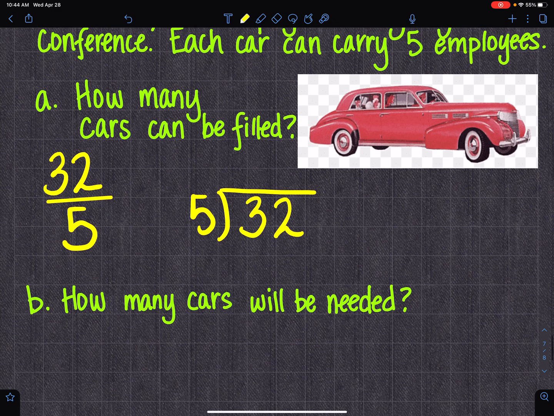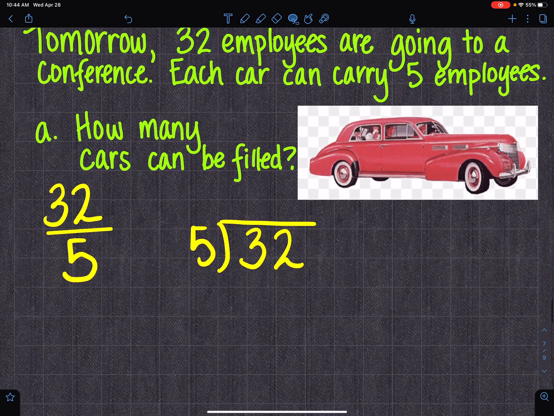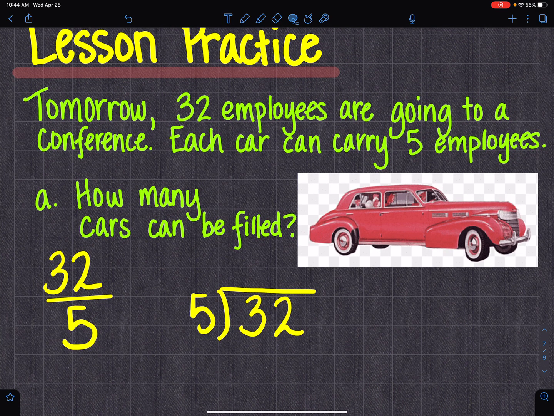And I'm going to move this out of the way so I have more space. So how many times does 5 go into 32? Okay, so if you know your five times tables, 5, 10, 15, 20, 25, 30, you'd get that when you get to 6. So 5 goes into 32 6 times.